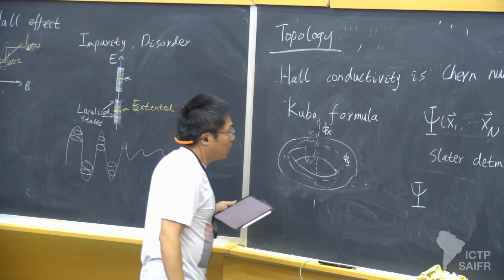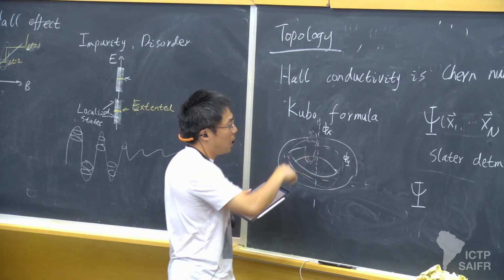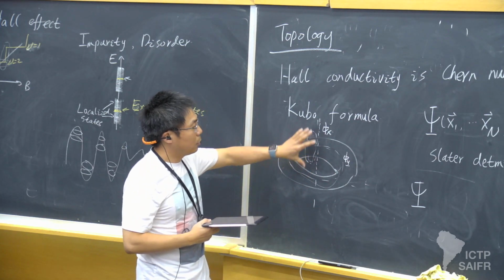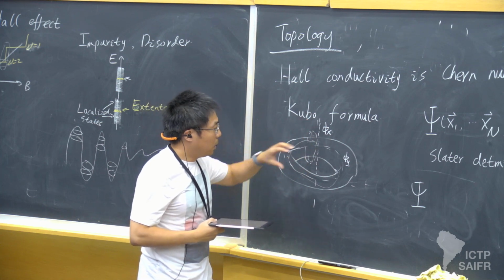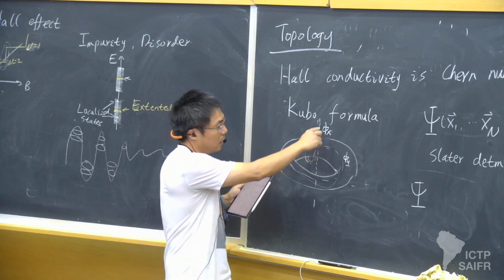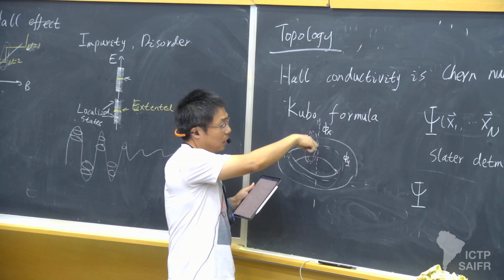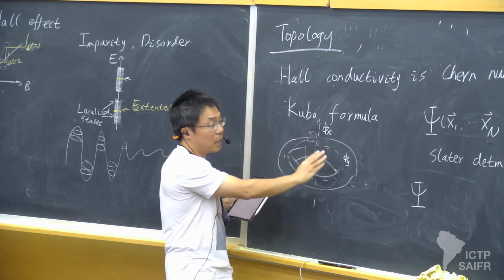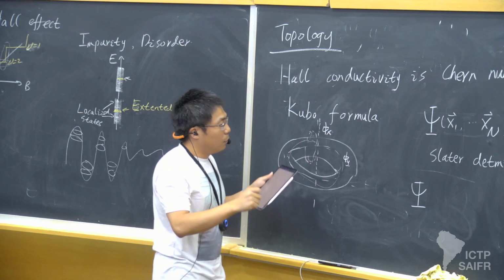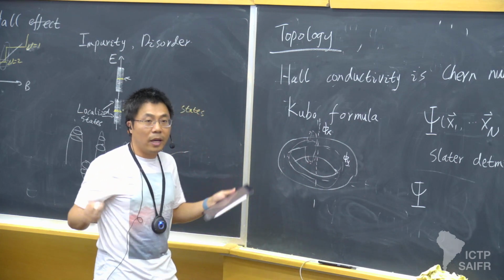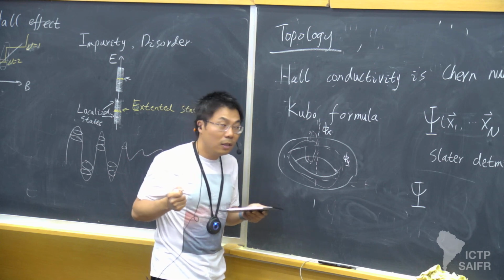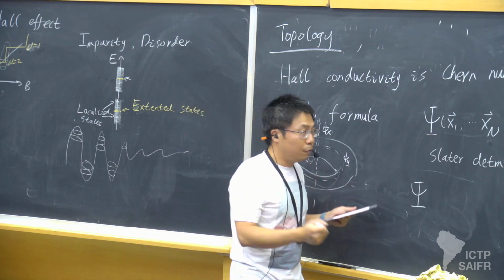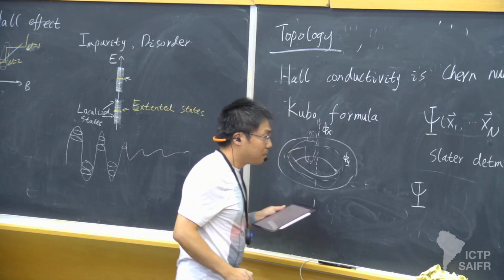Okay. Now remember, in this setup, I introduced two extra perturbations to the system. One is that I add magnetic flux in two directions, right? Then for different choices of magnetic flux, I will end up with a slightly different Hamiltonian. Hence, I will have a slightly different capital psi, right?